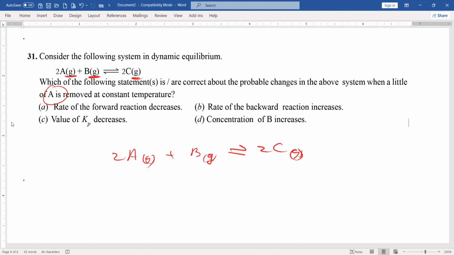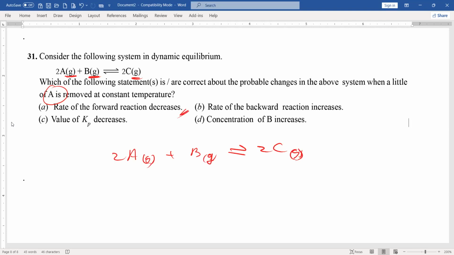The reaction has to be reversed, but it will adjust so that Kp becomes the original value. Kp doesn't change if the temperature is constant. Only if the temperature changes can you change Kp. The rate of the forward reaction decreases.